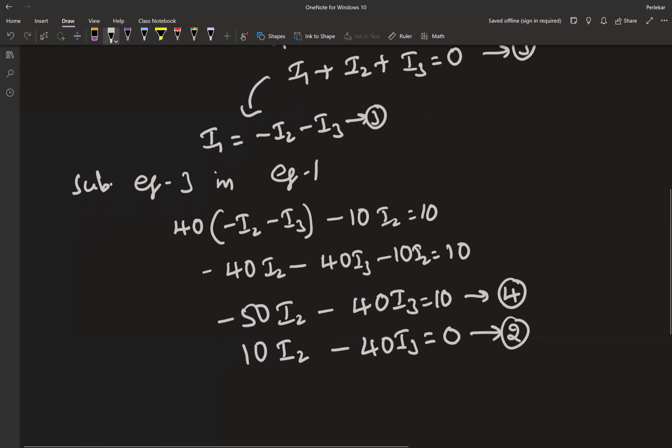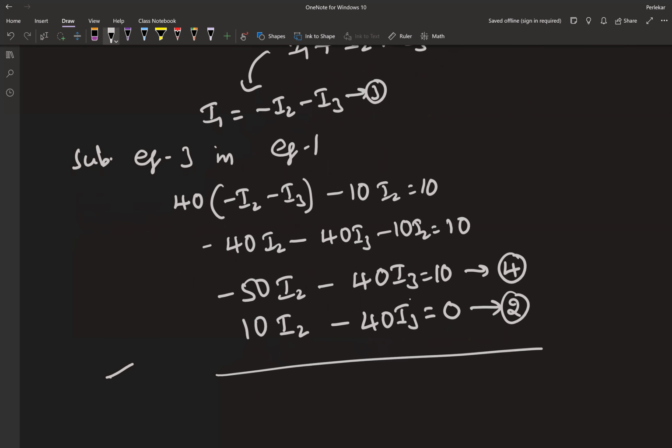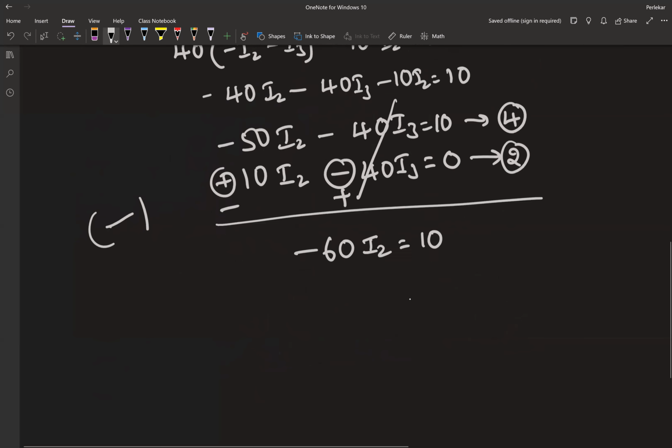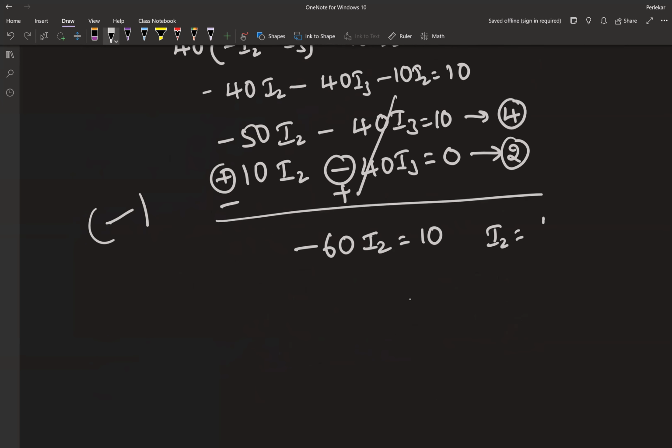I'm going to subtract these two. When I subtract, this is going to be minus, it's going to be plus here. So these two get cancelled out, so minus 60 I2 equal to 10. Then I2 equal to 10 over minus 60, which is minus 1 over 6 ampere.